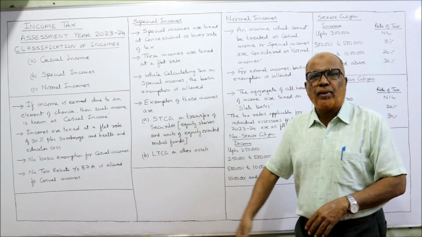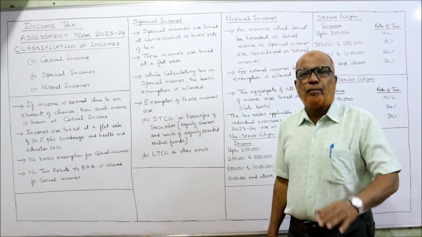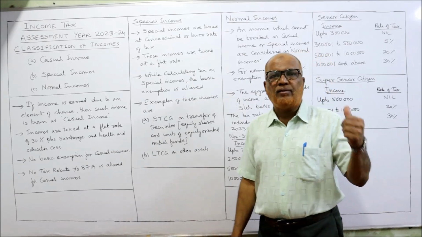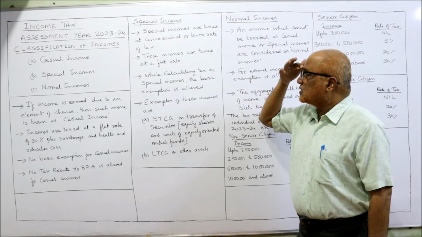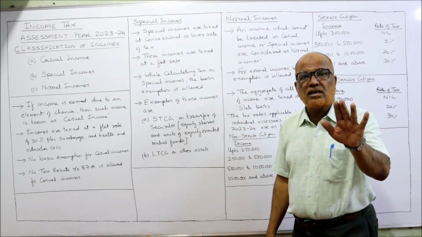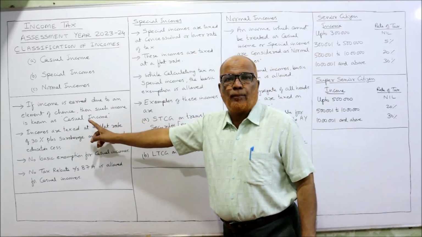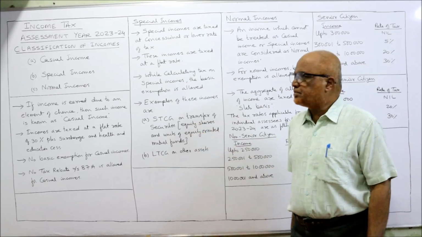Flat rate will be applied for casual income as well as special incomes, but slab basis will be applied for normal incomes. Now here, while calculating tax on special income, the basic exemption is allowed. No basic exemption is allowed for casual income, but basic exemption is allowed for special incomes.